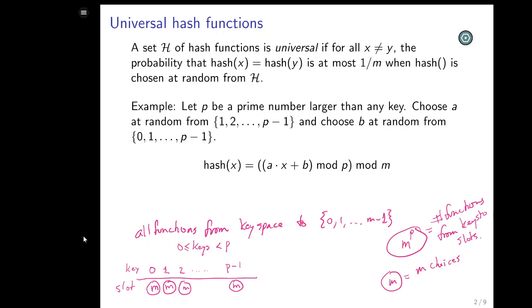It's the probability that somebody's chosen the same number in California as they chose in Illinois, and that's just 1 out of m. So why don't we just use the set of all functions as a universal hash function? It is a universal set of hash functions. Why don't we use the set of all functions?